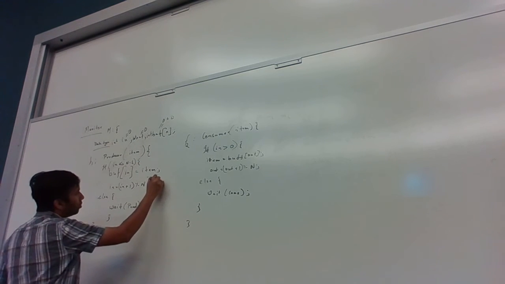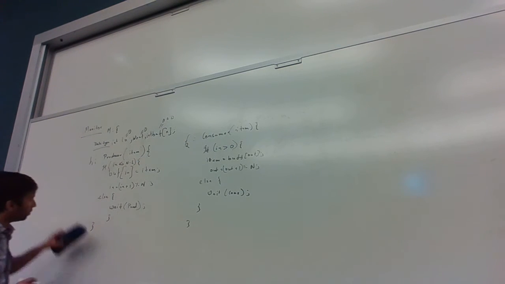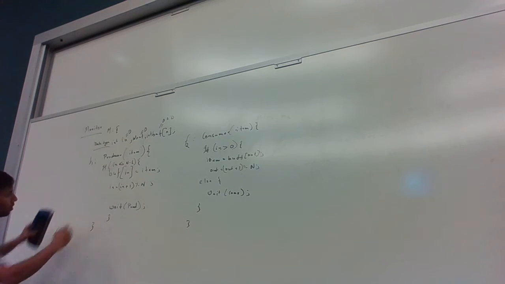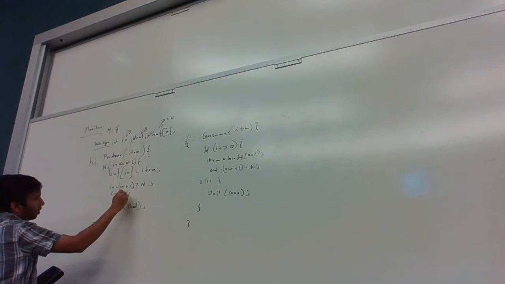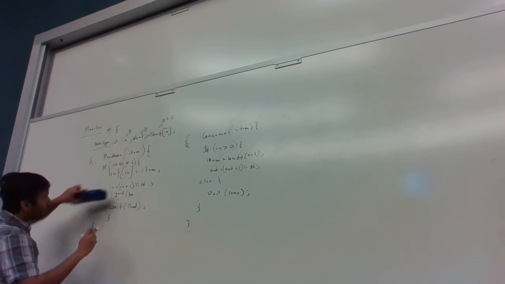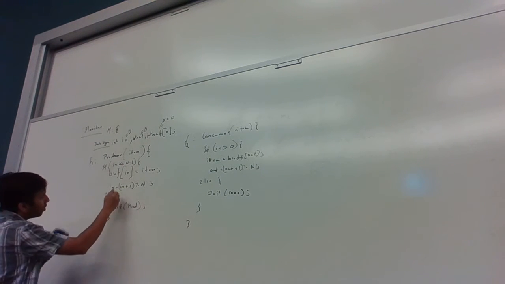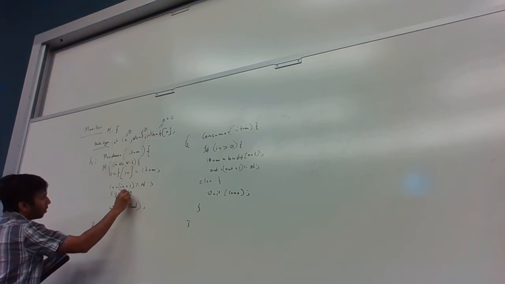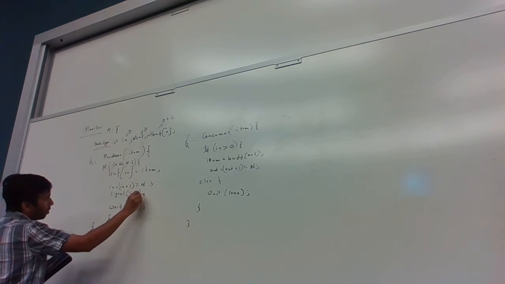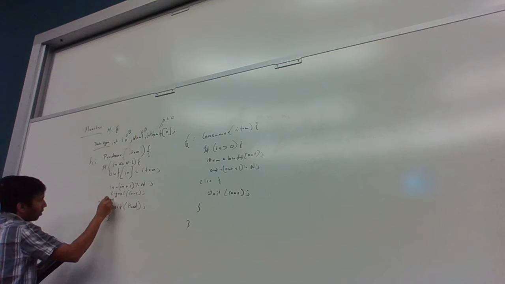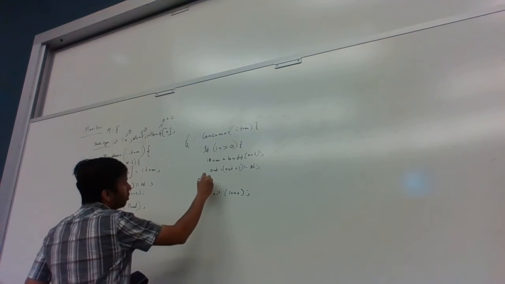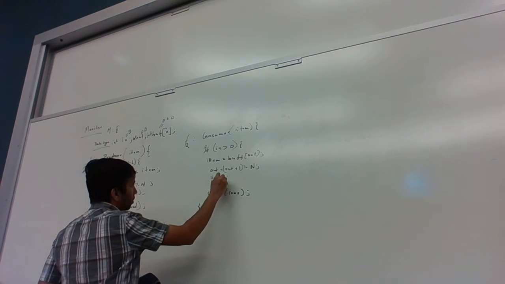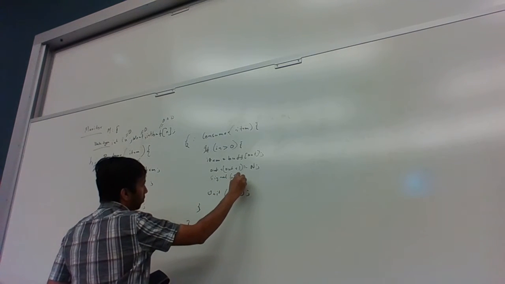So right after this line you should signal consumer, and right after this line you should signal producer.